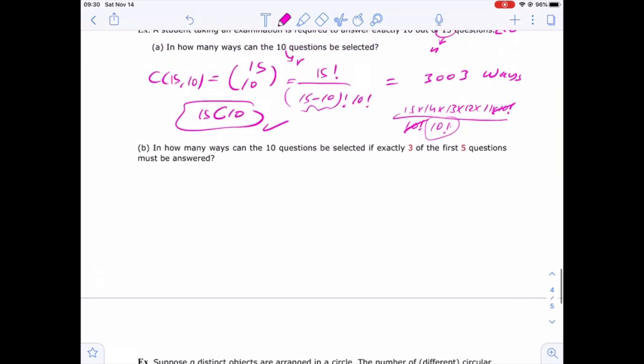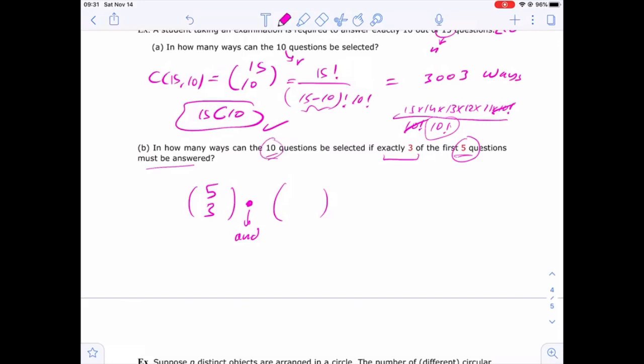Now in part B, in how many ways can the 10 questions be selected if exactly 3 of the first 5 questions must be answered? So we start with, from the first 5 questions, 3 must be answered, and that means multiplication. The rest of them can be, 7, because we want to select 10 out of 15.